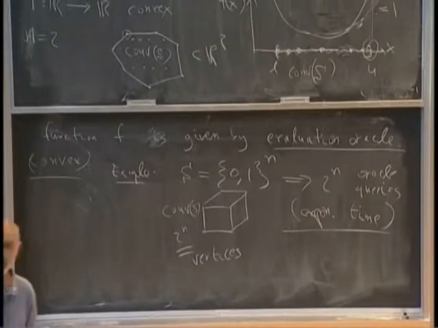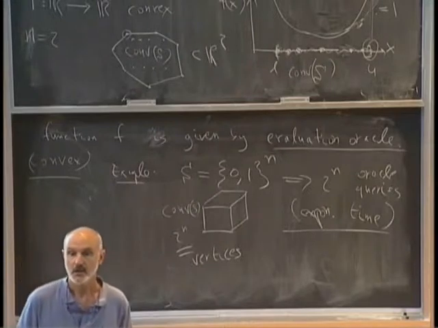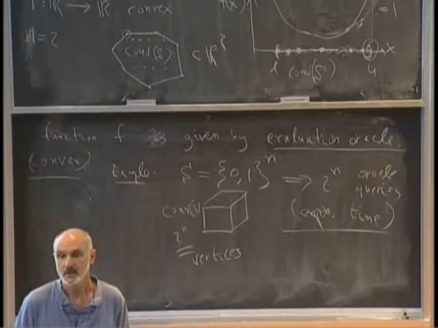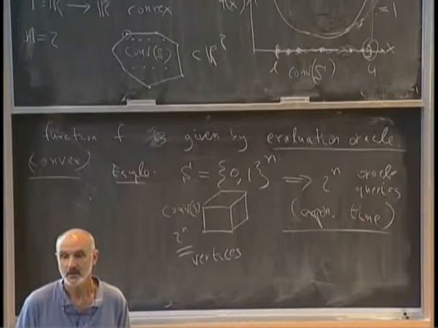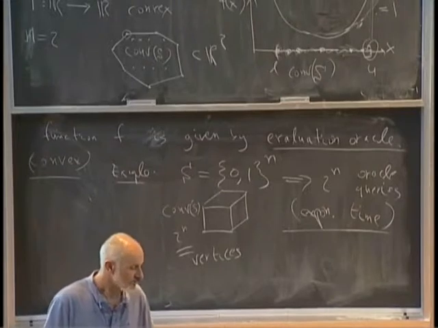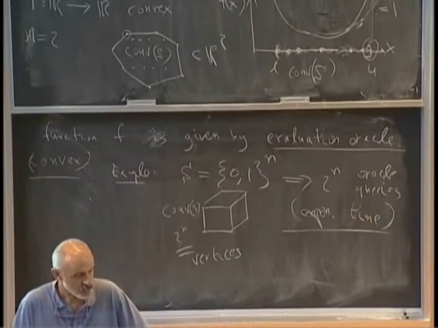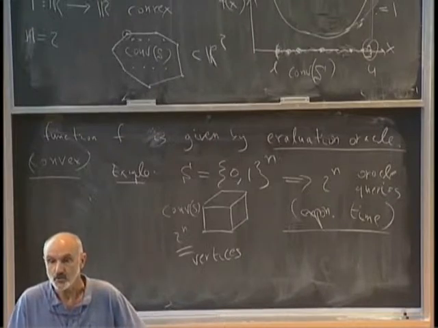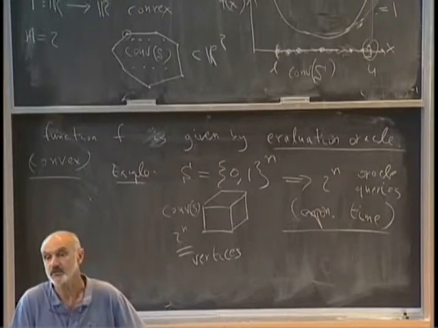Yes? I was just curious. You said that you can assign numbers to the vertices and then come up with a convex function. What if you have polynomials of bounded degree? So that's of course a good question. If you have some additional structure on the function, then you may be able to exploit it and do something better.